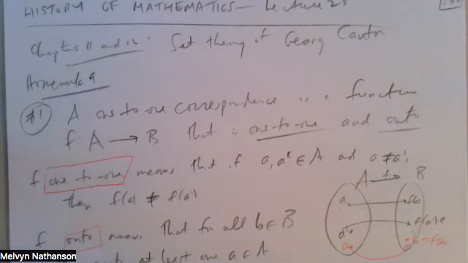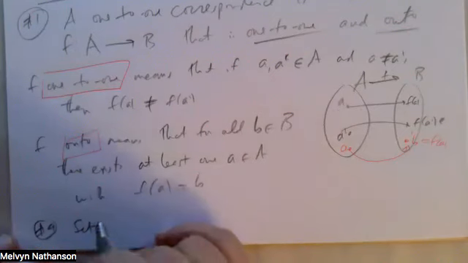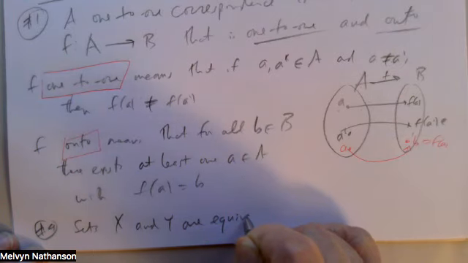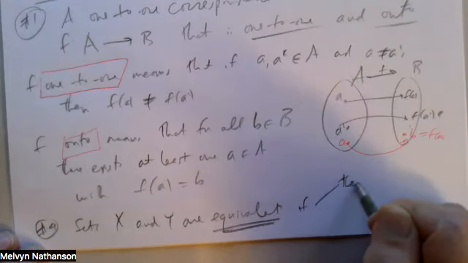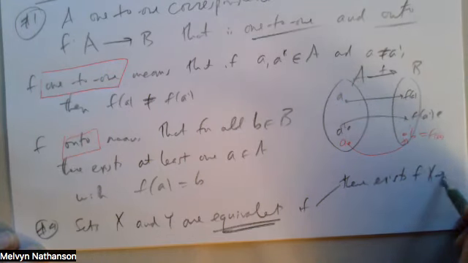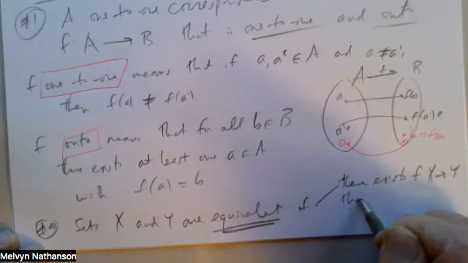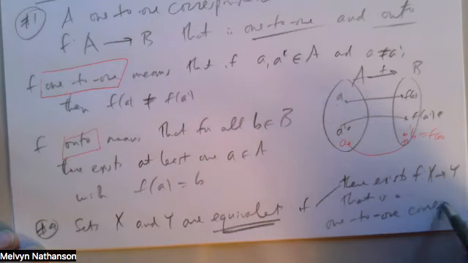And let's actually go from that directly to problem 4. It's two sets, doesn't matter what we call them, A, B, X, Y, whatever. Two sets X and Y are equivalent if there exists a function f from the set X to Y that is a one-to-one correspondence.